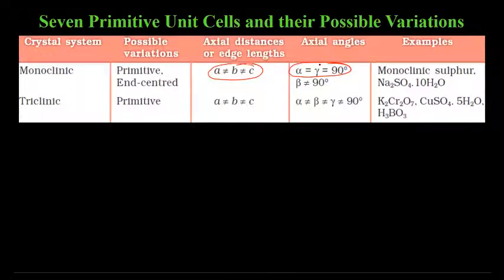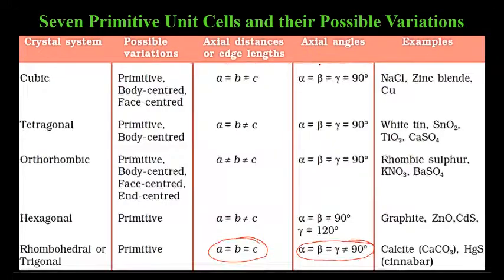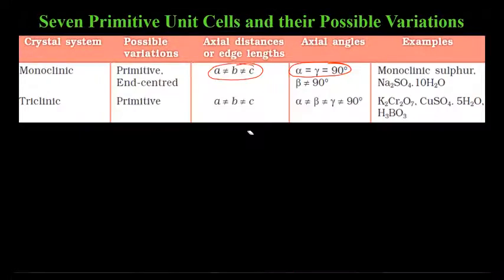Remember, that's why I said that you need to write in the sequence. You can't say that A equals B. Here in this case, you can't say A is not equal to B equal to C. The reason is the sides and angles are interrelated, which is visible here. Although here we are saying none is equal, still we are writing alpha and gamma are 90 degrees, but beta is not 90 degrees.